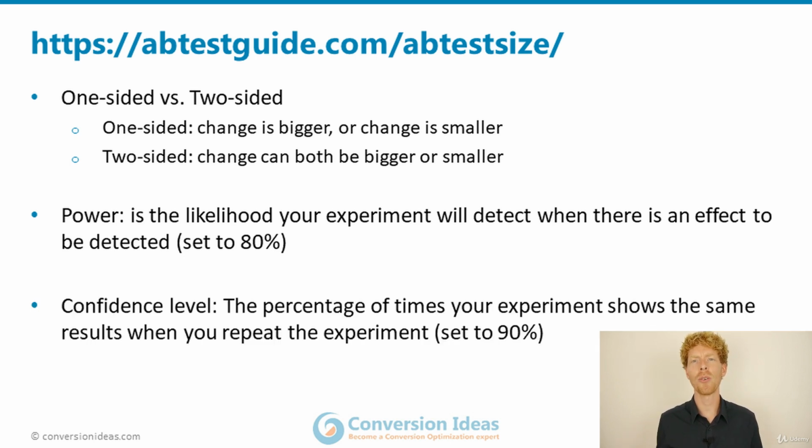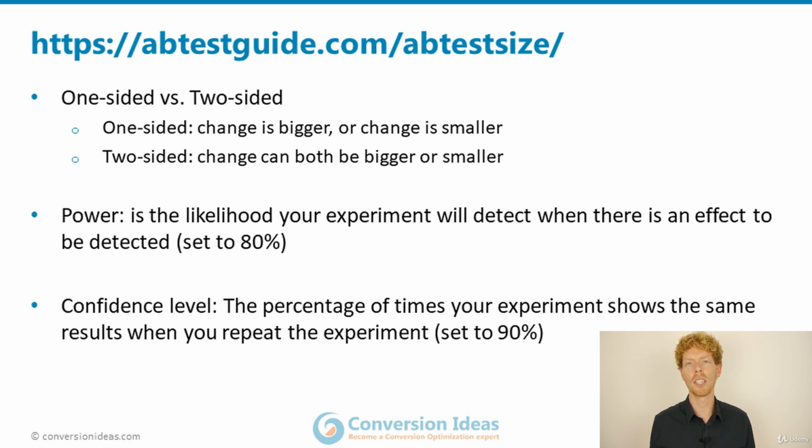Now, the confidence level is the percentage of times your experiment will show the same results when you repeat the experiment. So it's the percentage of times your results will hold true when you repeat the A/B test. So if we set this to 90%, in 90% of the cases, the result of the A/B test will be the same. At this stage, you don't want to put this number below 90%.